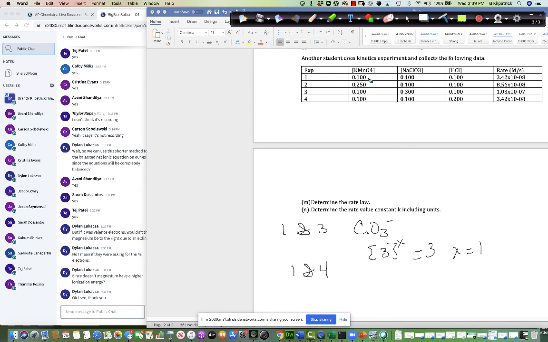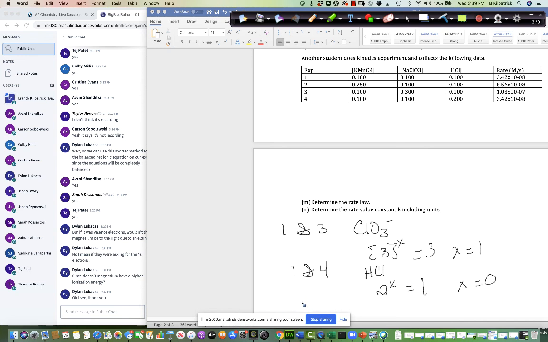Okay, 1 and 4. HCl changes. Okay, so now since HCl changes here, it goes up by a factor of 2. Okay, and then if I look at 1 and 4, the rate stays the same. So nothing has changed. So X to any power to give me 1, X has to be 0. It's 0 order. It does not get included in the rate law.